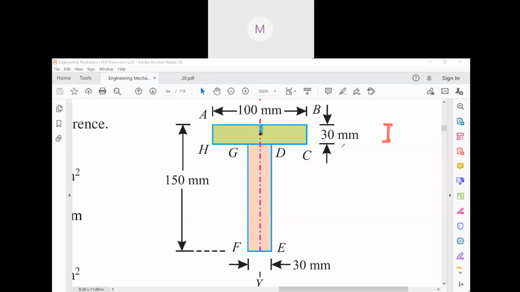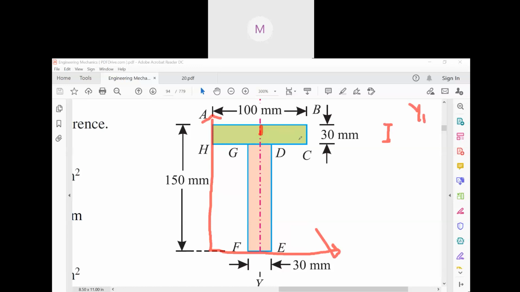Now for finding out the centroid, what I told you is, you just draw one axis like this. Yes or no? I told you this. Now up to here, you have to find out y1.